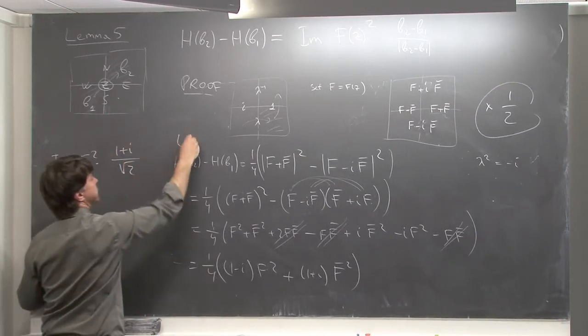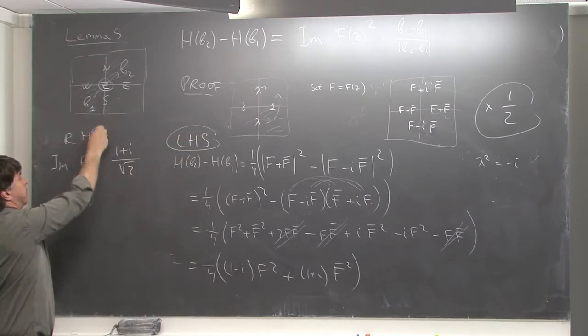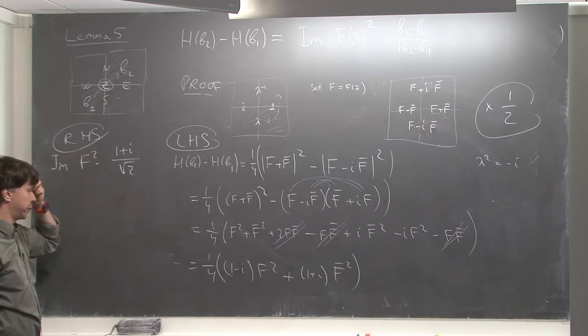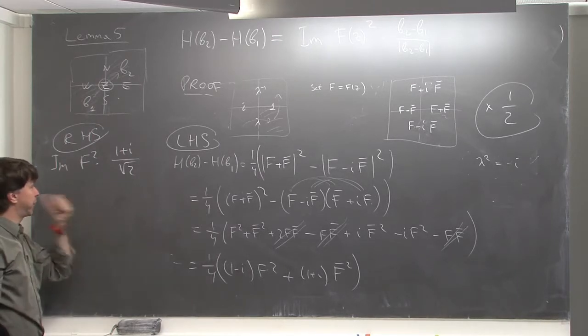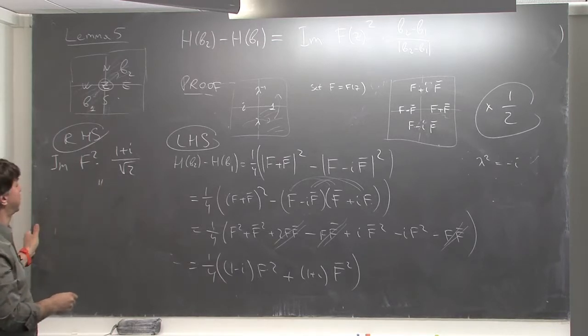So this was the left-hand side, and the right-hand side is the imaginary part of f squared times this vector. Obviously we can write anything in that form.